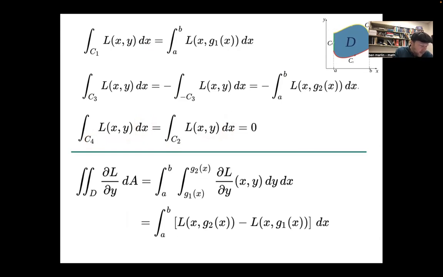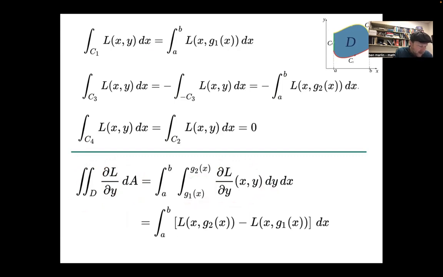So what this connects up with is if we do a double integral of the partial of L with respect to y, integrate it dy from G1 to G2.